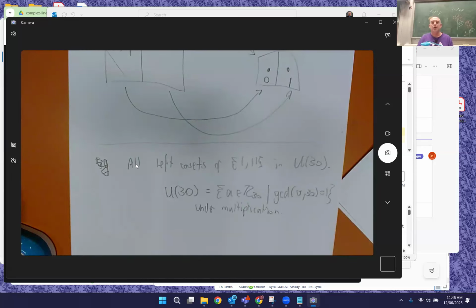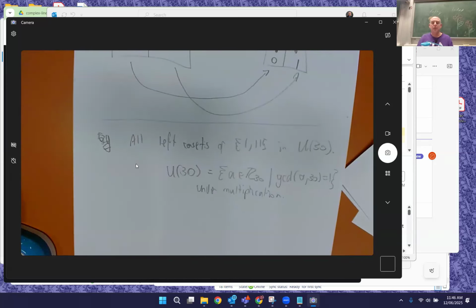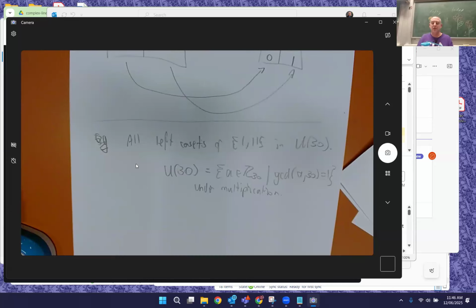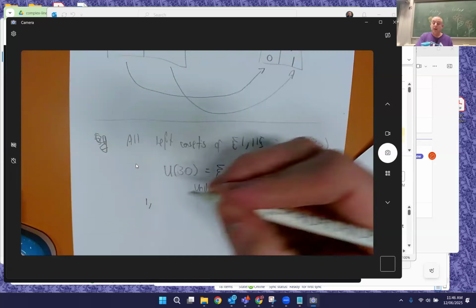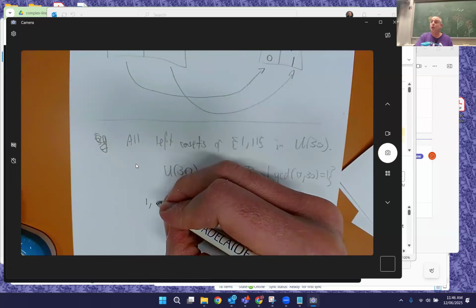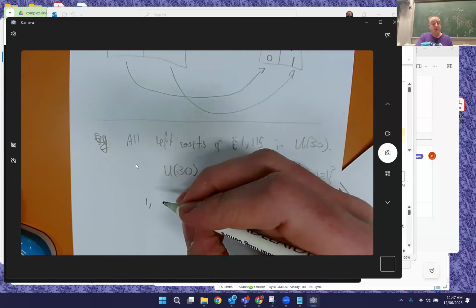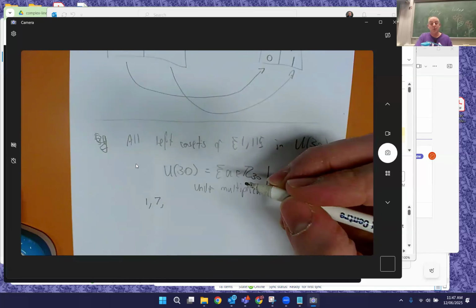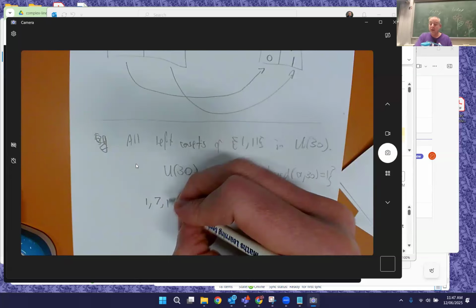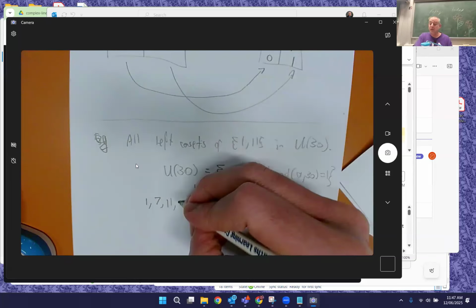Cool. So U30, therefore, just to be sure, U30 will have 1 and not 2 and not 3, but it will have, no, it will not have 4. It won't have 5, it won't have 6, it will have 7. It won't have 8 or 9 or 10. It will have 11. It won't have 12. It will have 13.